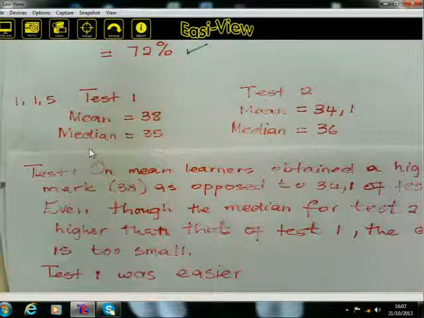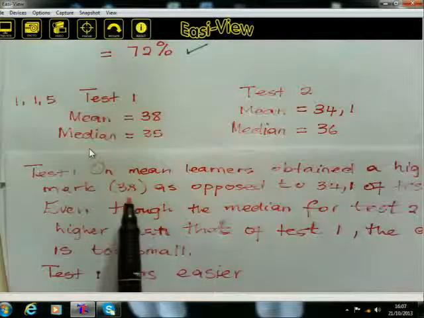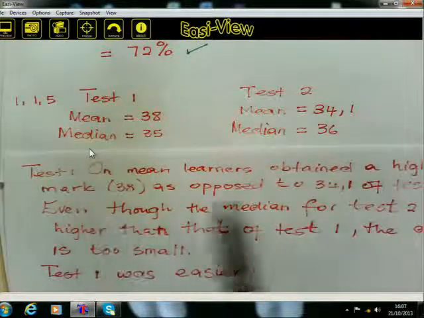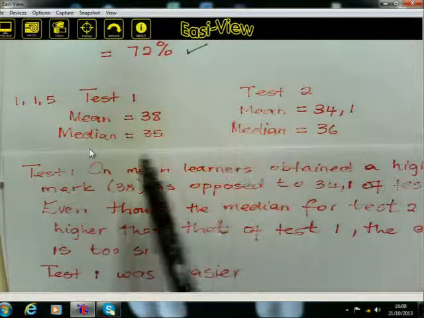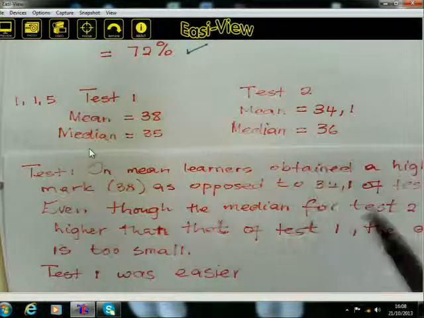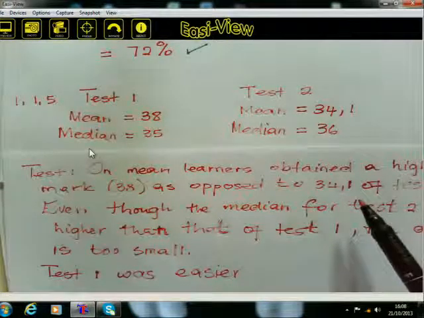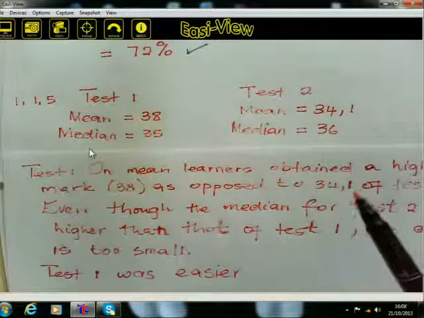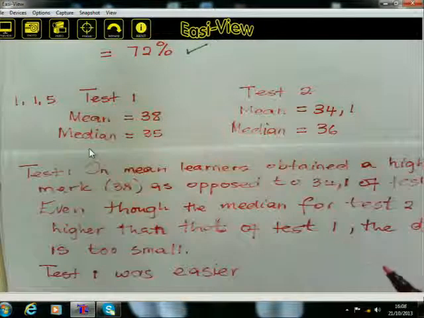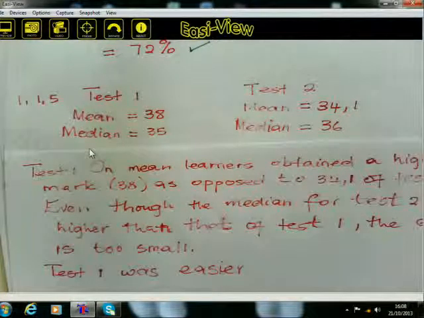It means that half of the class got below 35, the median, and half of the class got above 35. And also in test 2, it shows that half of the class got below 36 and half of the class got above 36. So you can see that test 1 was easier.